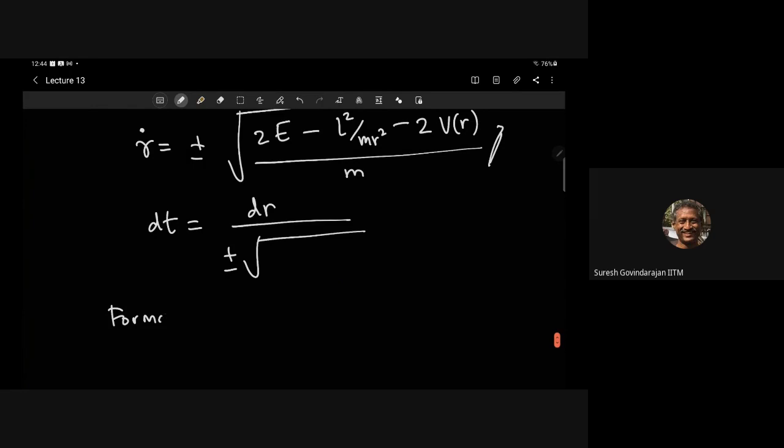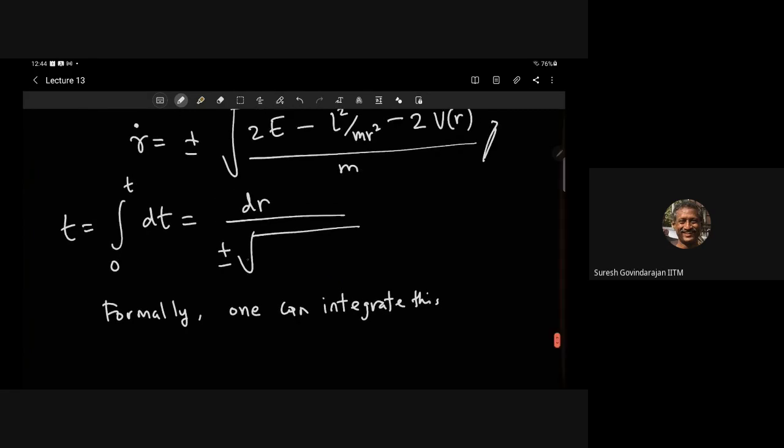Formally means you may not be able to do the integration, but formally one can integrate this.